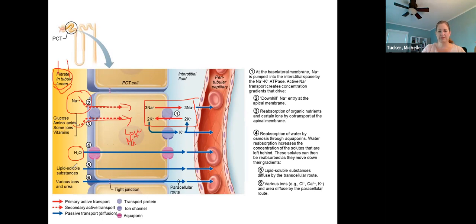Lipid soluble substances will diffuse through, but they can also go back the other direction sometimes. And then there's this paracellular route, which we'll get into for urea later, but also for water. This is a pretty good diagram. Again, it goes through all of the different routes for different substances.